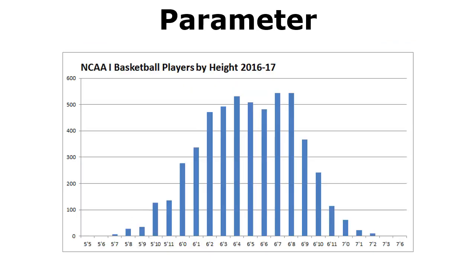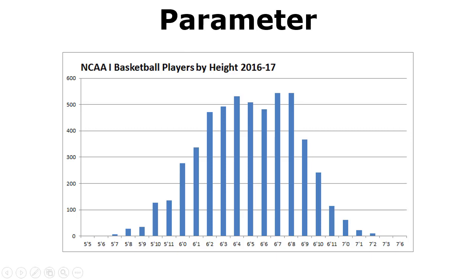Here's perhaps a more clear example of a parameter. This is what we call a frequency distribution, and it reflects a normal distribution. This is a picture of the height of all basketball players playing in college in the NCAA.